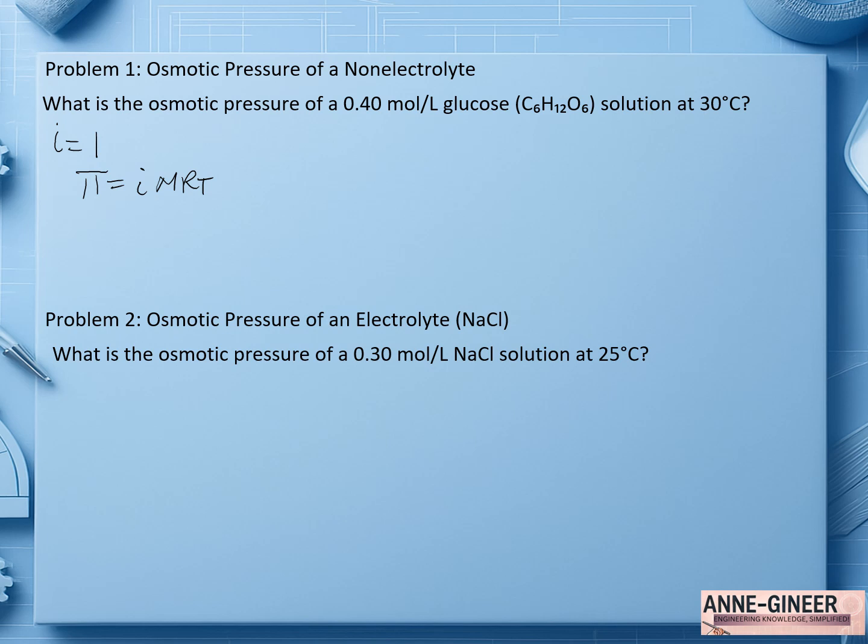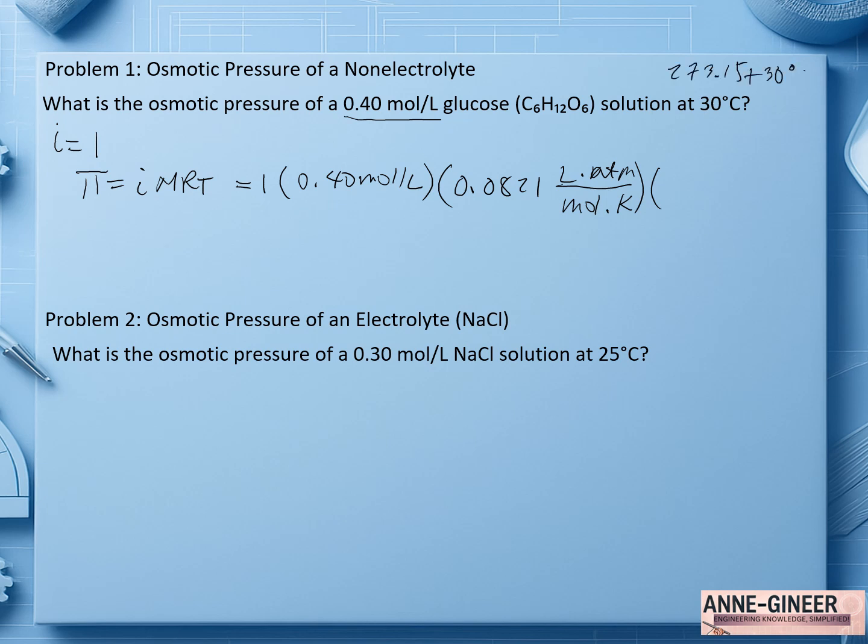So we have here the osmotic pressure. In the given, we have 1 times the molarity, 0.40 mole per liter, times the R, which is 0.0821 L atm over mole K, times the temperature, which should be 273.15 plus 30 degrees Celsius.